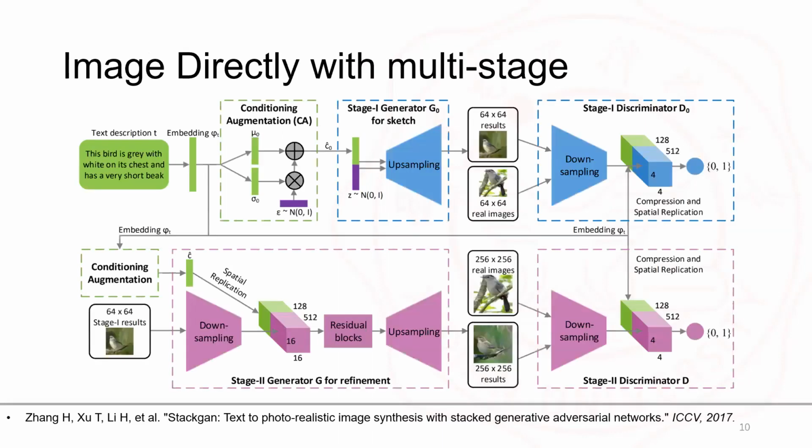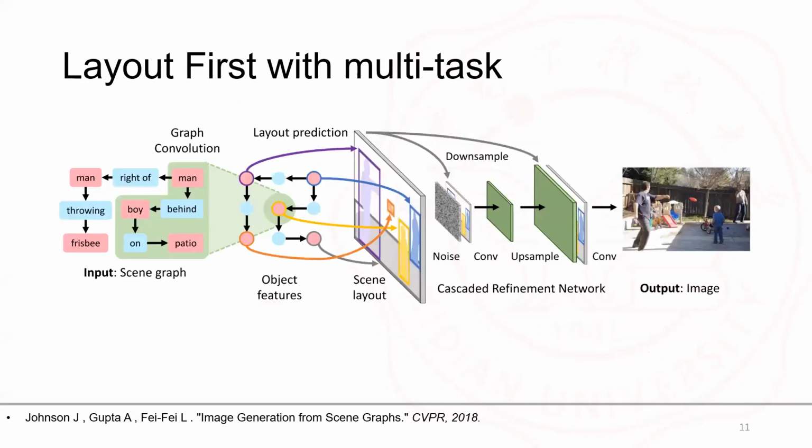This means the model first gets the initial images and uses them for further generation by each block. Another is to generate the layout first and then use the layout for detail generation. In this way, the model needs an extra task to know the instance info, like a scene graph, to get the layout.